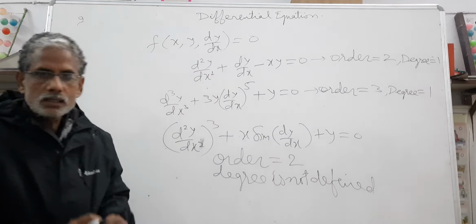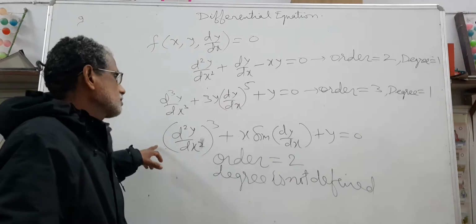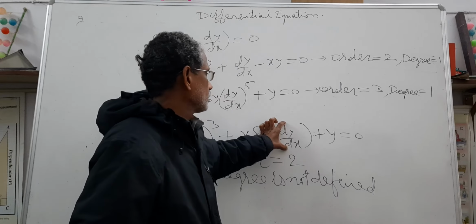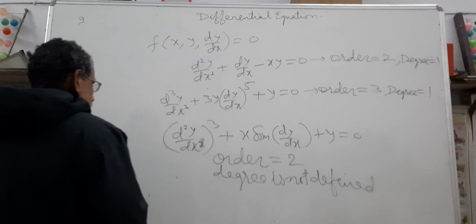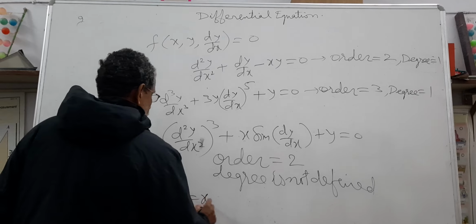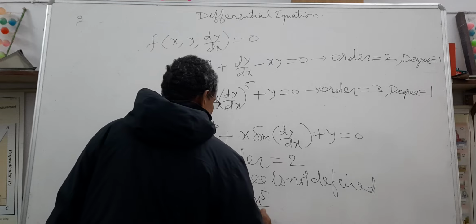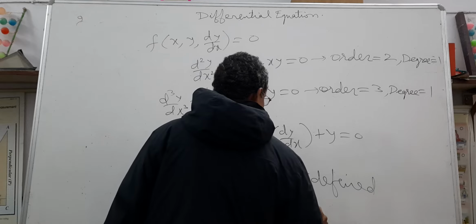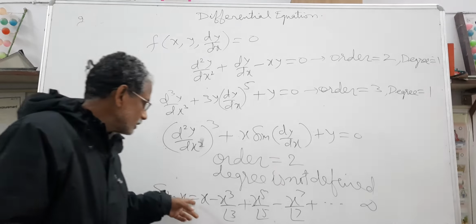Why? Because degree is defined only for a polynomial, and this is not a polynomial. Here dy/dx becomes the input of sine, and sine has no fixed number of terms. Sin x is equal to x minus x³/3! plus x⁵/5! minus x⁷/7! plus up to infinite terms.